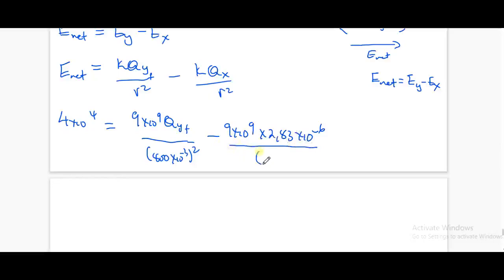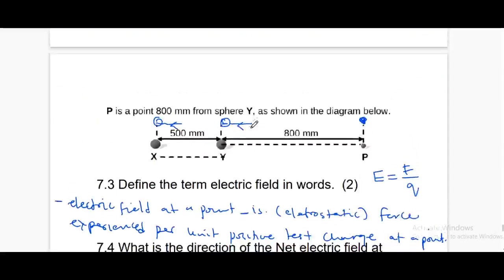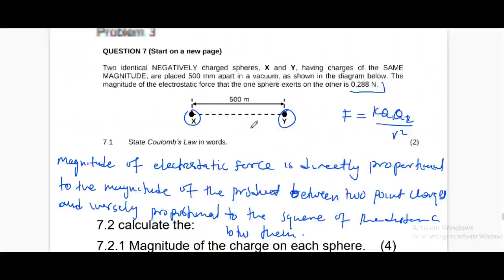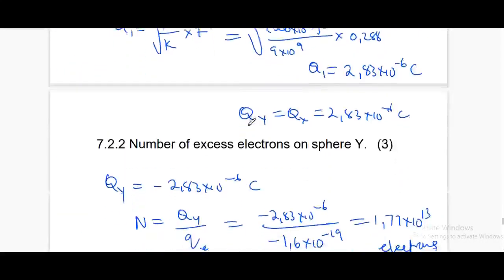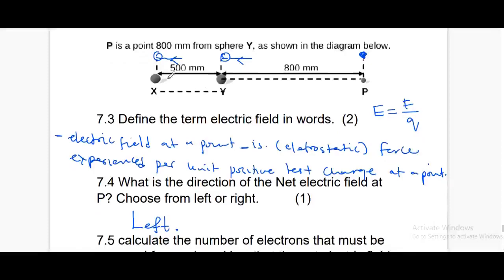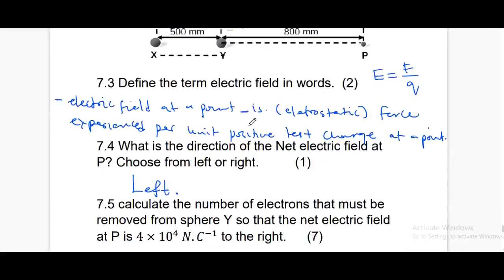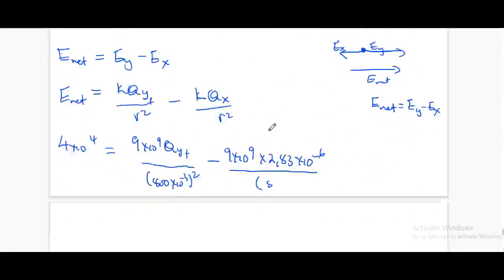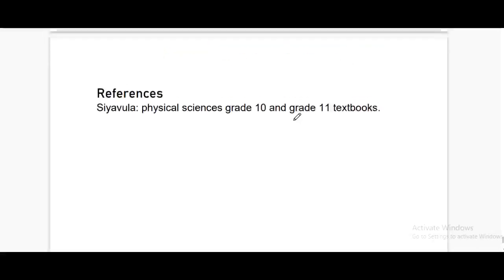Okay, so then the distance between x and p is 500 plus 800, so 1300 millimeters.